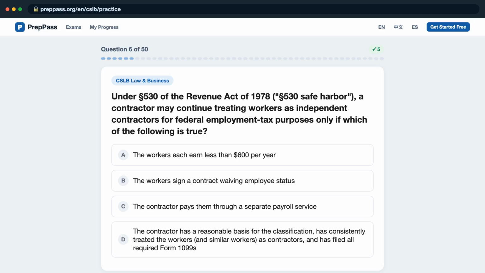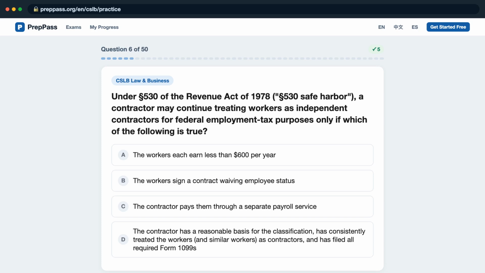Question 6. Under Section 530 of the Revenue Act of 1978, Section 530 Safe Harbor, a contractor may continue treating workers as independent contractors for federal employment tax purposes only if which of the following is true? Is it A, the workers each earn less than $600 per year?